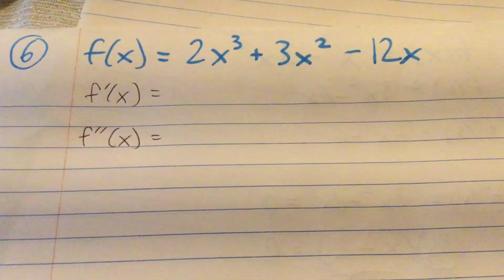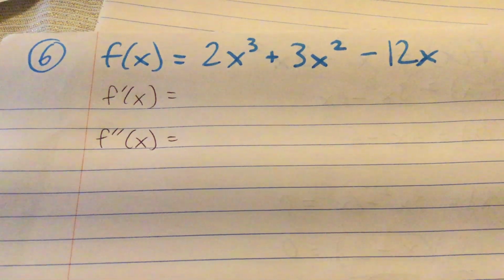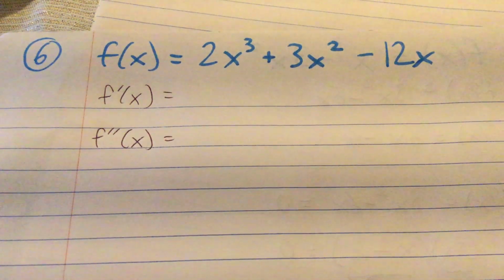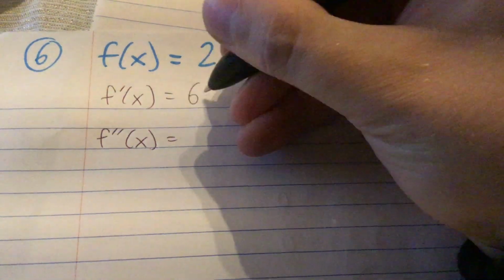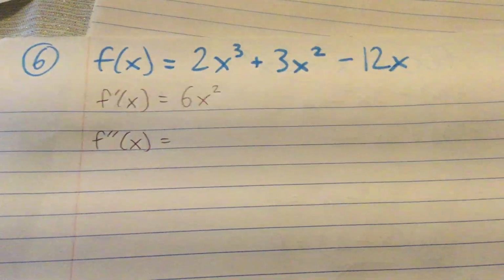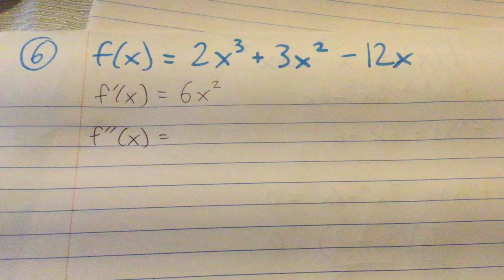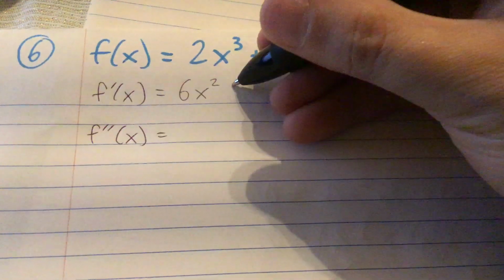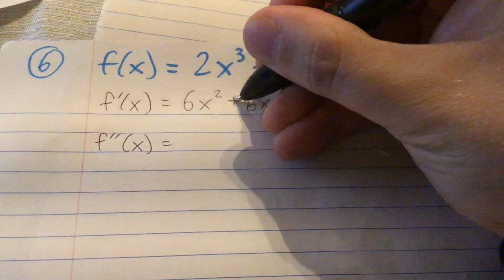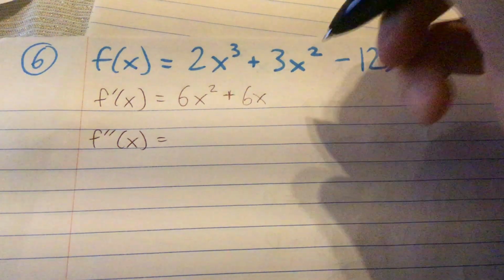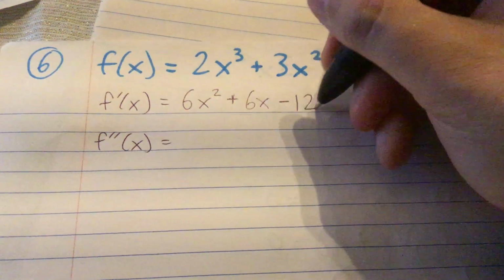So let's differentiate f of x with respect to x. The derivative of 2x to the third would be 6x squared. The derivative of positive 3x squared would be positive 6x. And the derivative of negative 12x would be negative 12.